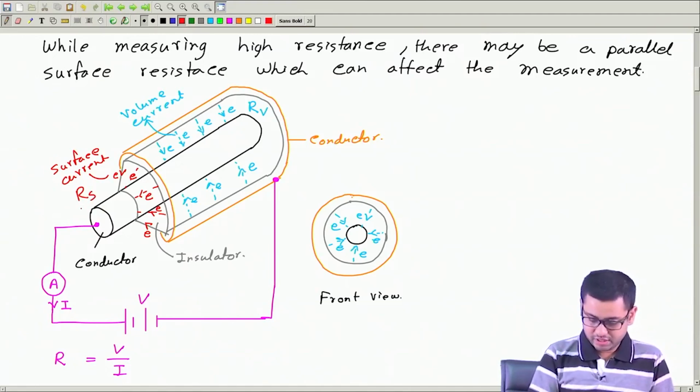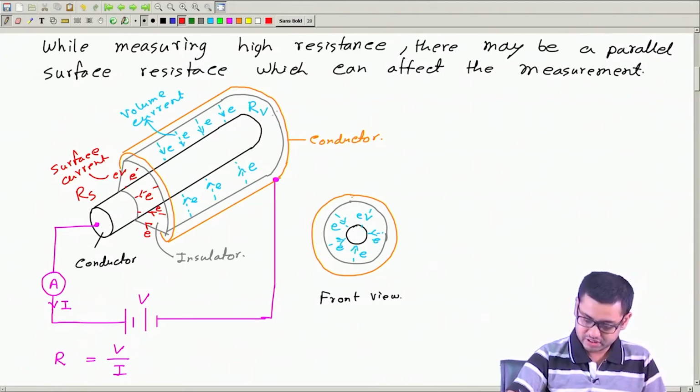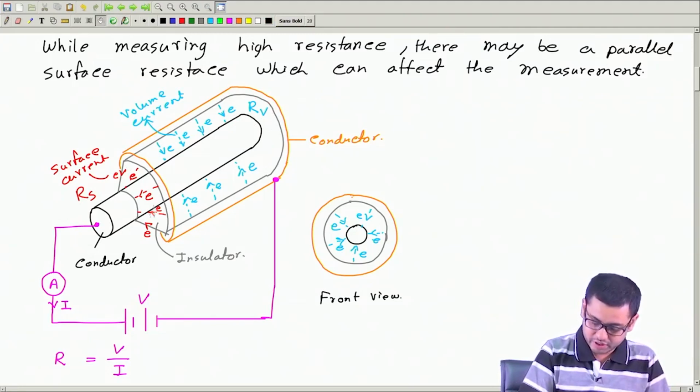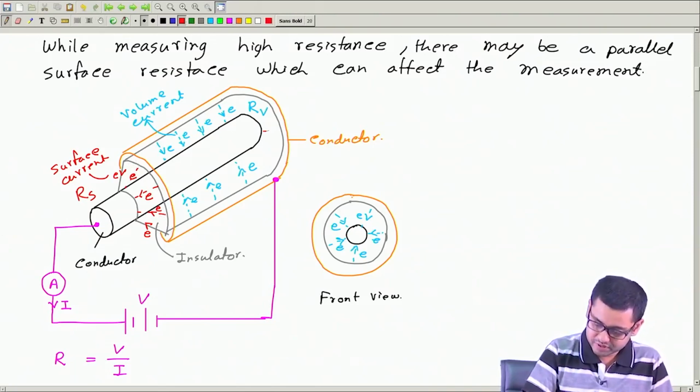Now, we may have another open surface area on the back side of this long cable. We can see only the front side from this drawing, but the back side will also have this exposed area of the insulator. So, we will also have some surface current there.